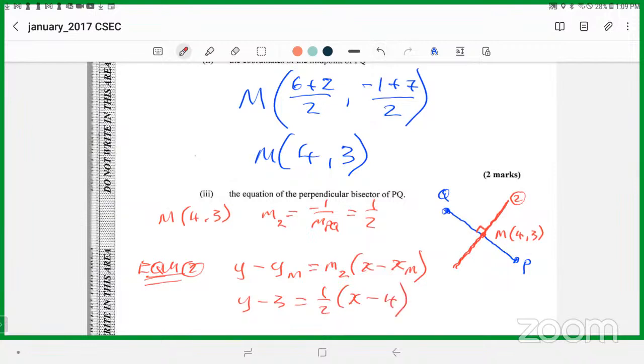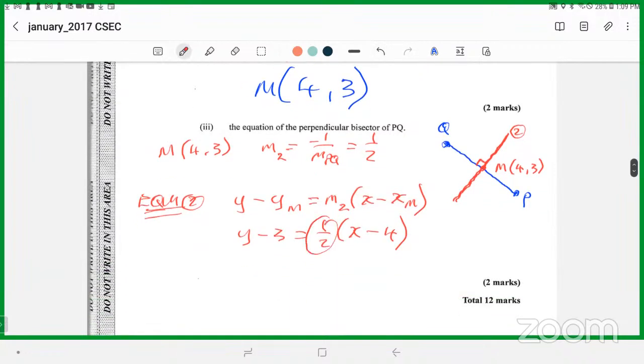Now, because when I multiply this half across here, I'm going to get a whole number when I multiply by the 4, I'm just going to multiply the half across this bracket. So I'm going to get y minus 3 equals half times x is half x, and half times 4 is 2, but a negative 2 I'm going to get.